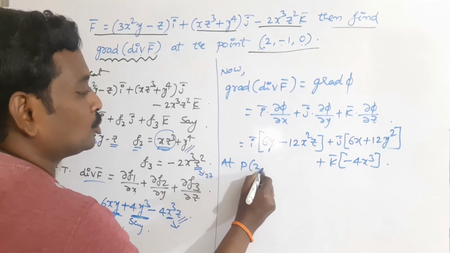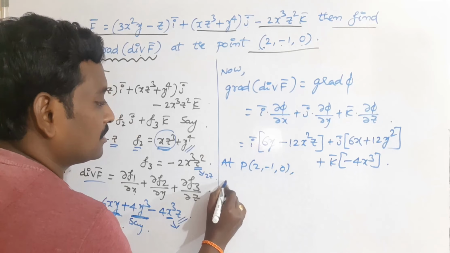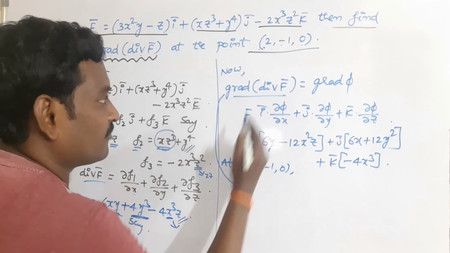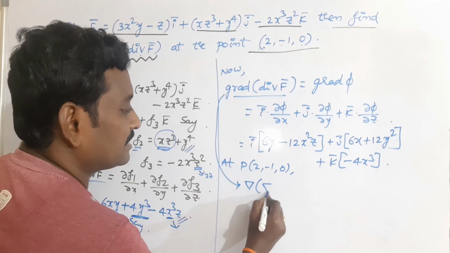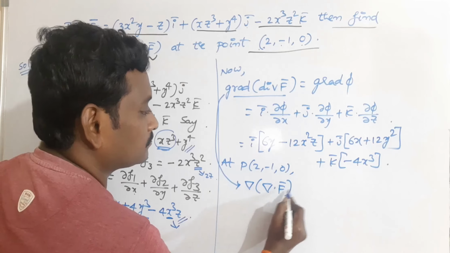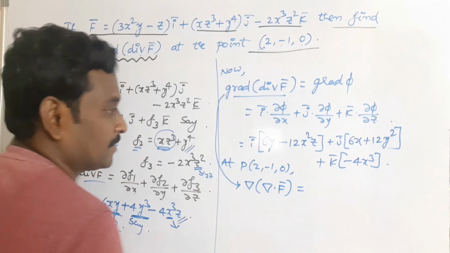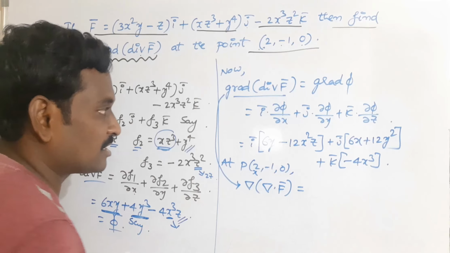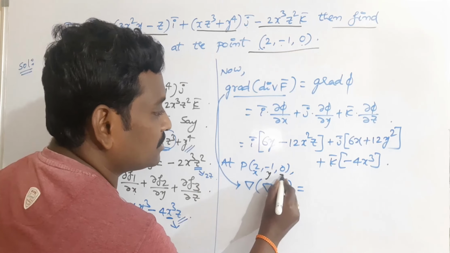At P (2, minus 1, 0), this becomes, write the symbolic form, which is del of (del dot f bar) is equal to, replace x equal to 2, y equal to minus 1 and z equal to 0.